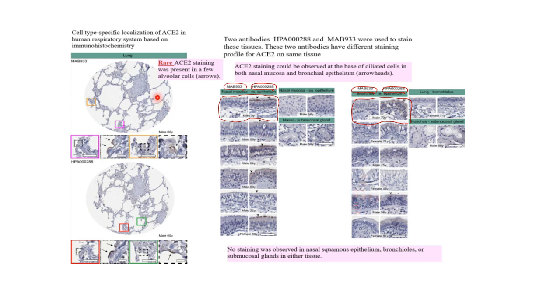But when we look at ACE2 in the alveolar cells, we find both MAB933 and HPA000288 stain for ACE2. But note, rare ACE2 staining was present in a few alveolar cells. And we will see what we mean by rare ACE2 in the next slide.